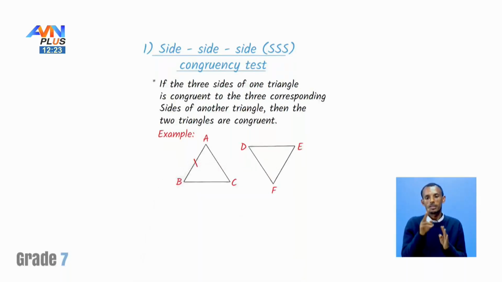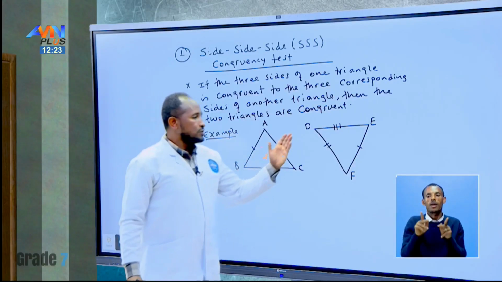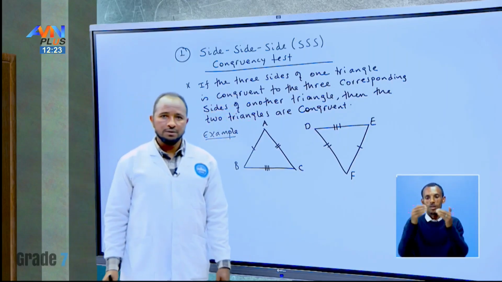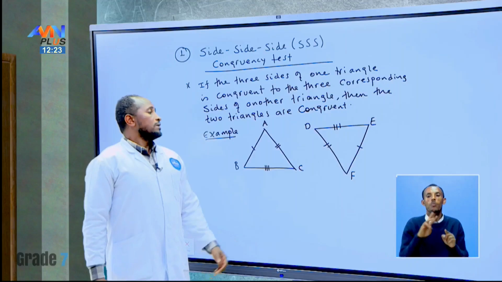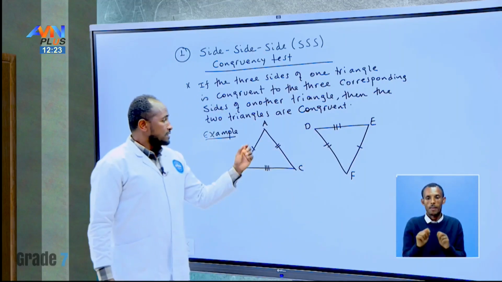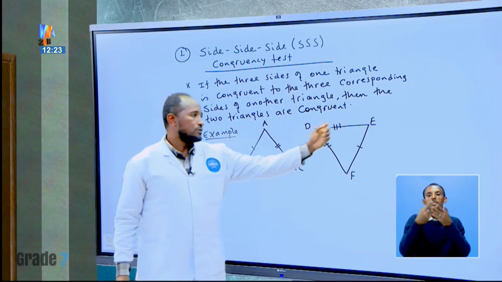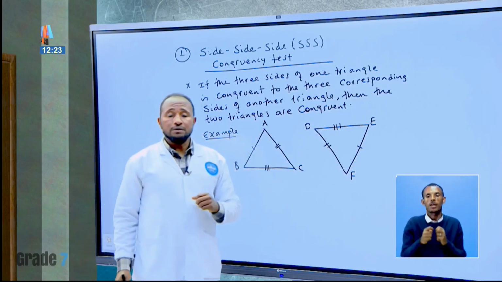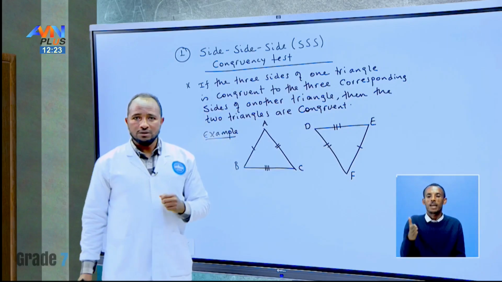Let's assume this side is congruent to this one, and assume this side is congruent to this side, and this side is congruent to this one. Okay, are these two triangles congruent or not using this congruency test? When we see the two triangles, the three sides of these triangles are congruent with the three sides of the other triangle. So the two triangles are congruent using side congruency test.